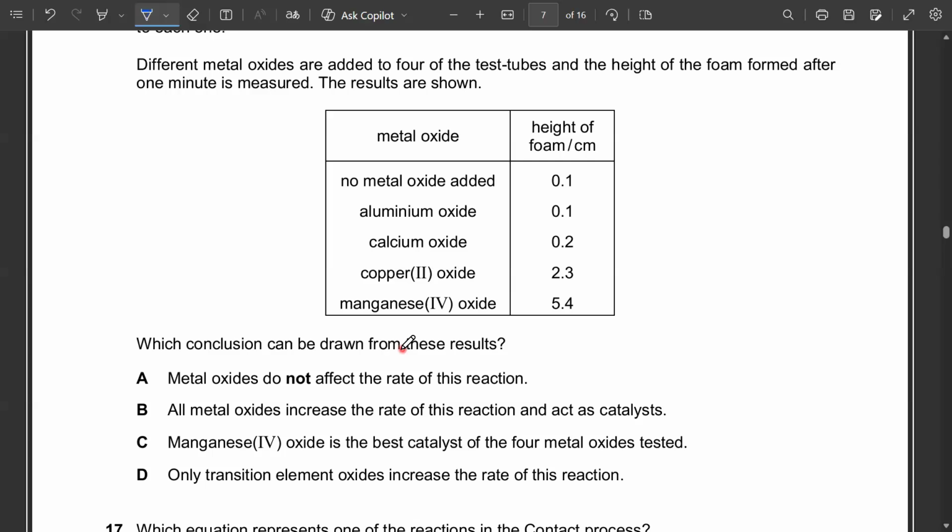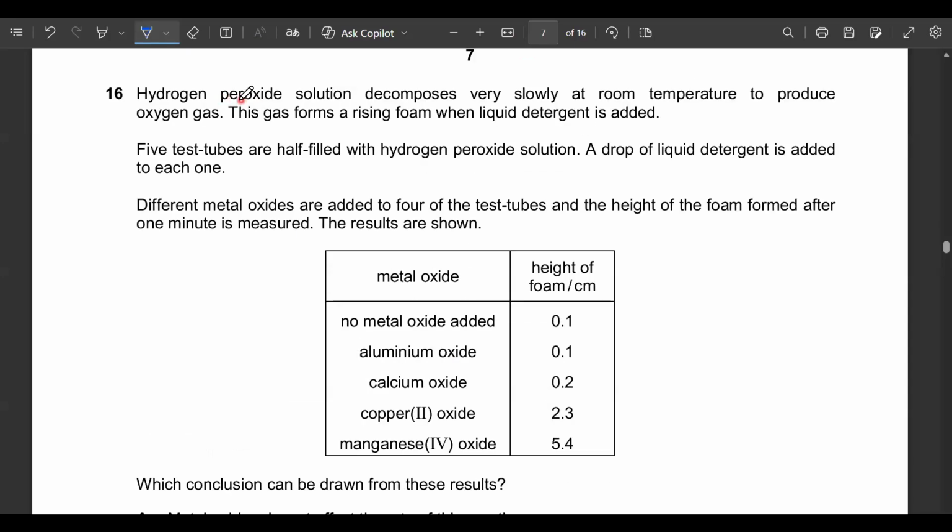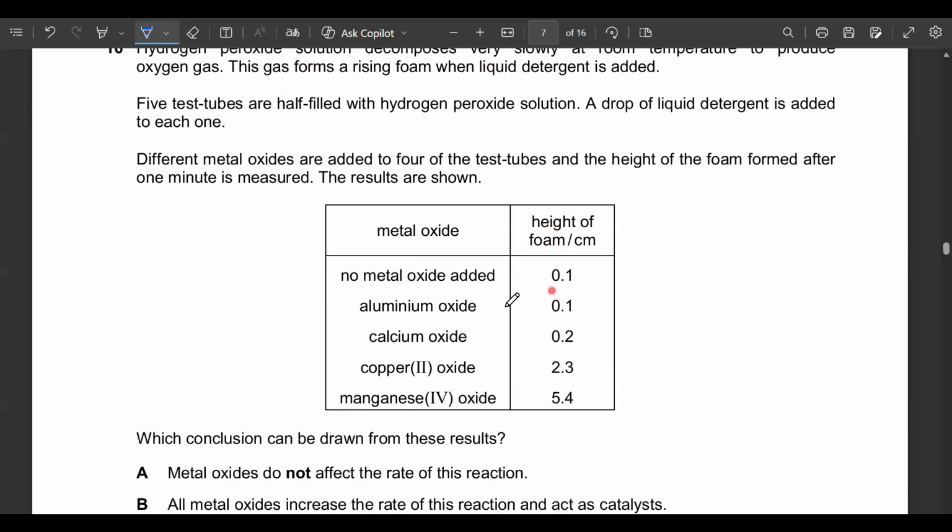If we look more deeply, we can understand that the reaction is carried out by the decomposition of hydrogen peroxide, producing oxygen gas. That oxygen gas is forming the foam. So the more oxygen gas produced means there is more decomposition of the hydrogen peroxide. That is indicated by the height of the foam.